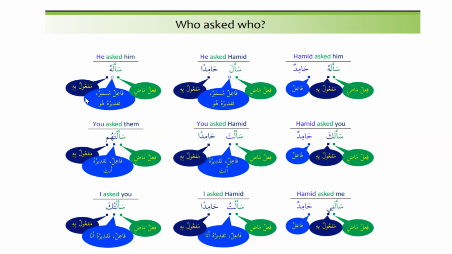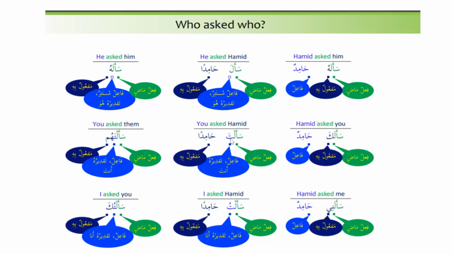So he asked him. Sa'alaka Hamidun. Over here, ka is an attached pronoun. Ka is the attached version for anta. Anta is the detached pronoun, the independent pronoun. So sa'alaka Hamidun: Hamid asked you.